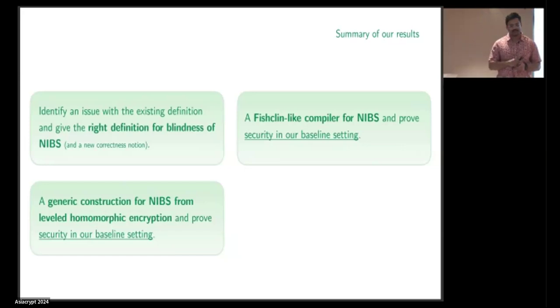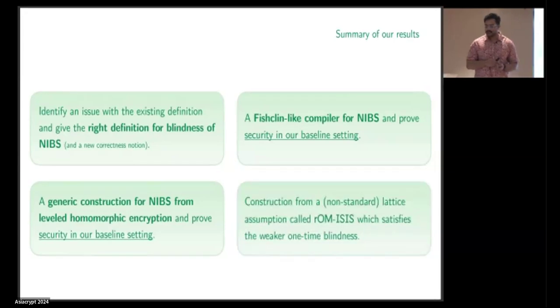We give a generic construction from homomorphic encryption and prove security in our new baseline setting. We also give a construction from a non-standard lattice function, which we also give in this work, called the randomized one-more function, and is derived from a previous work of Abelard et al. It satisfies the weaker one-time blindness notion given in previous work.